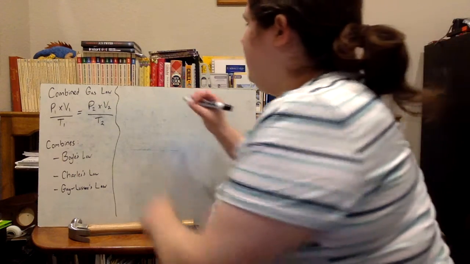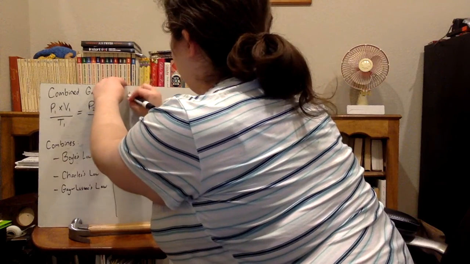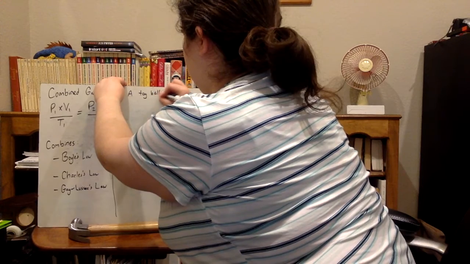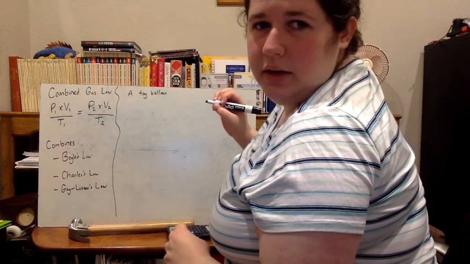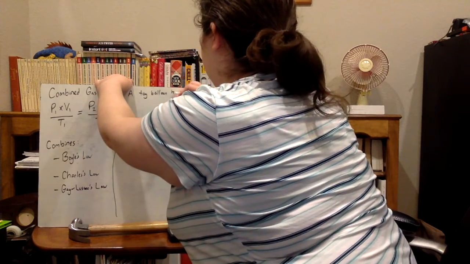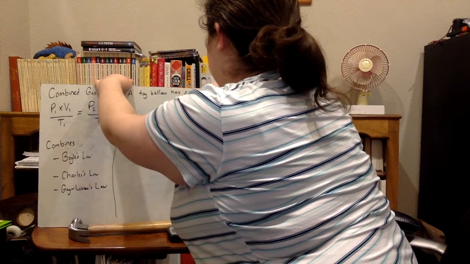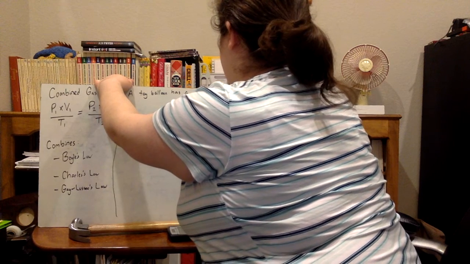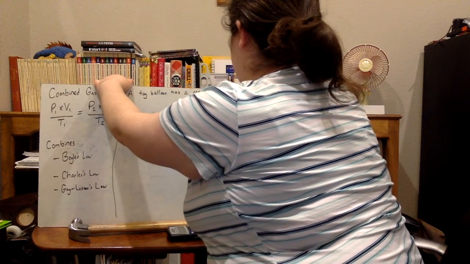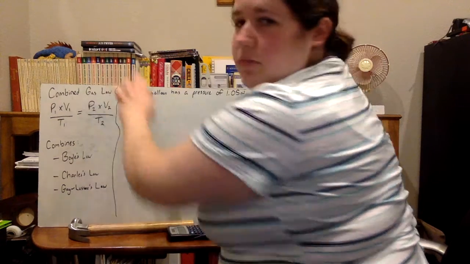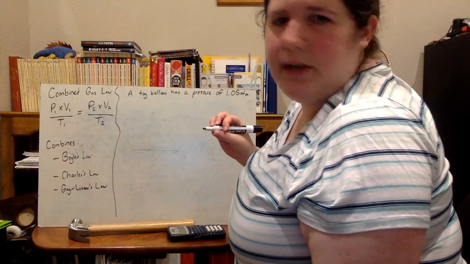Okay, so let's say that a toy balloon has an internal pressure of 1.05 atmospheres and a volume of 5 liters.